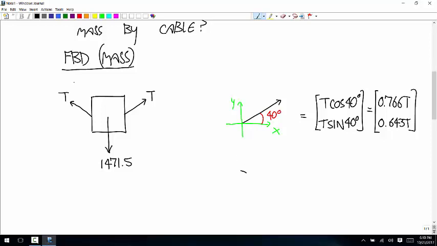And then the other force vector goes this way. Put the origin at the tail. This angle's 40 degrees. So now the angle that matters for this one, start at the positive x-axis, and you go 180 minus 40, so 140 degrees.